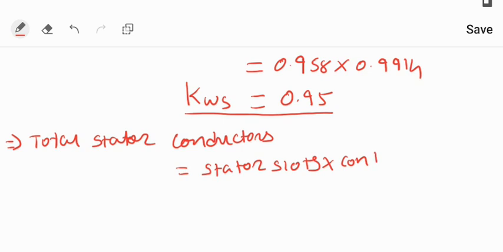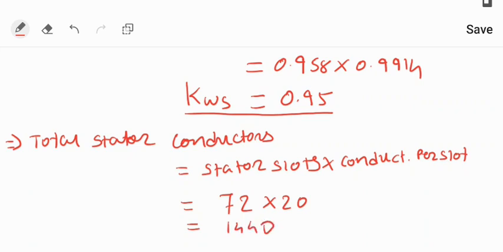The value of stator slots is 72, and conductors per slot is given as 20. So we find the answer, that is 1440.